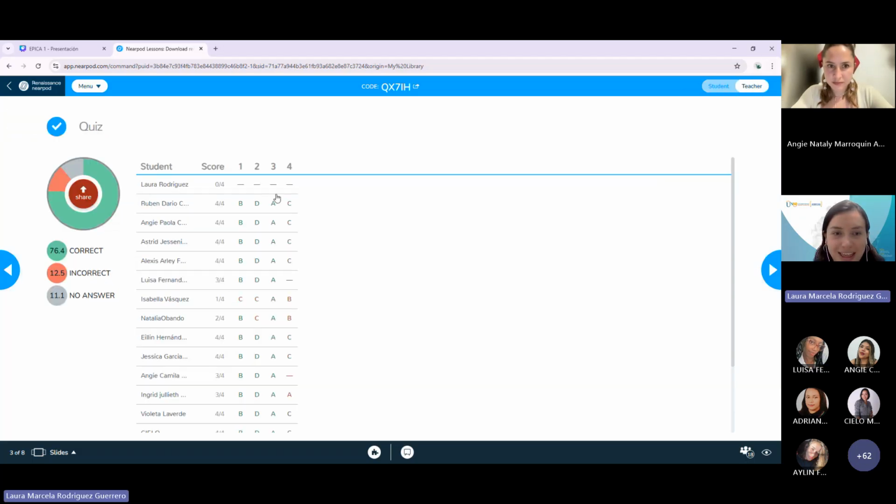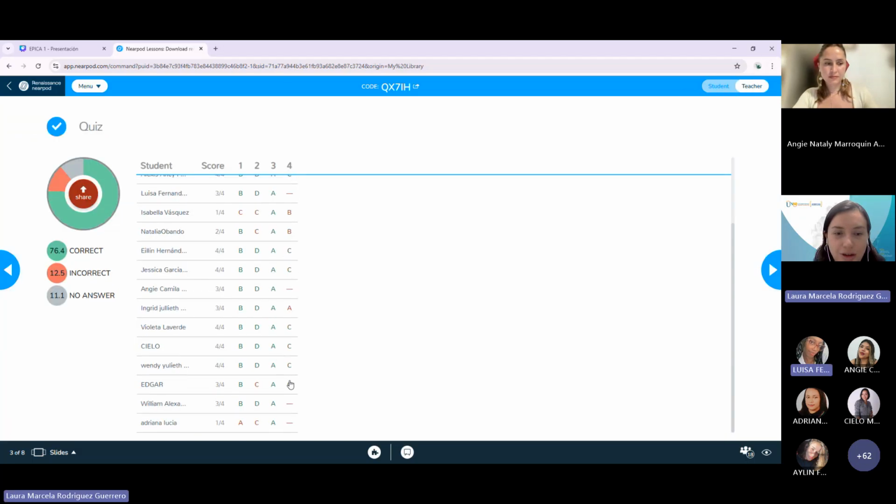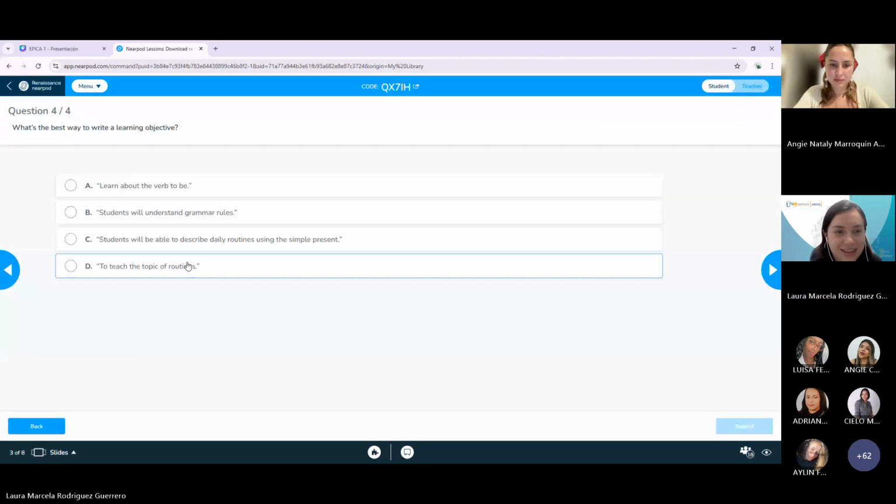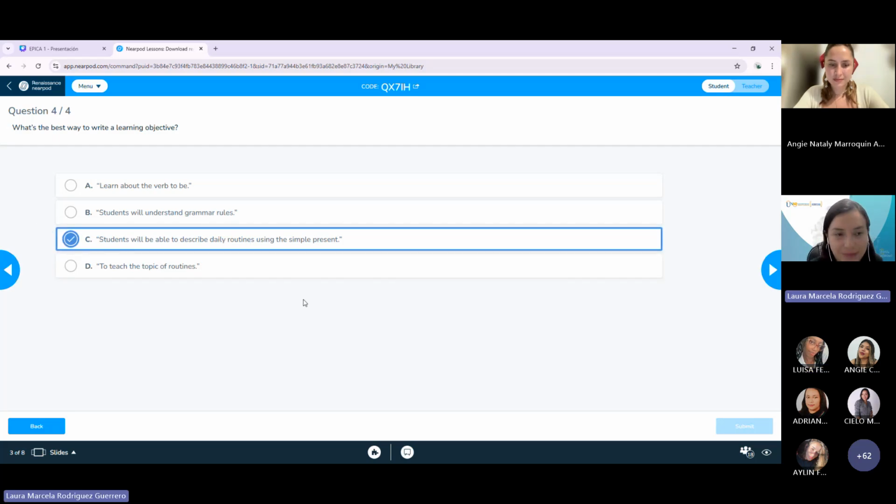Let's see over here. So most of you have answered C in the quiz. In this case it is C, okay? Teacher, why? Remember that you have to set your objective using the SMART strategy.